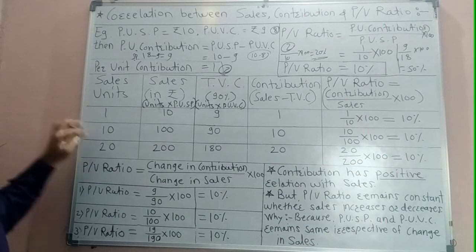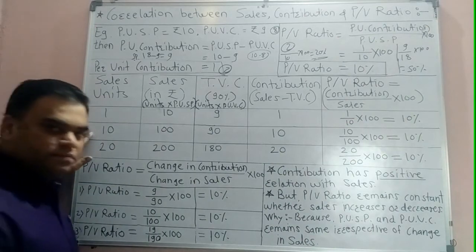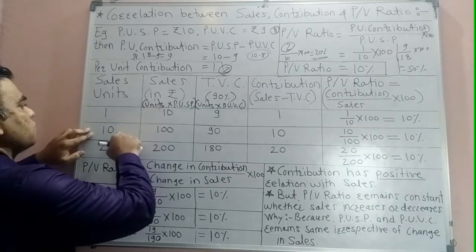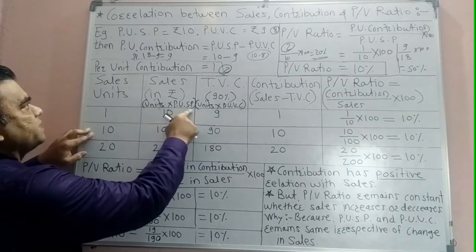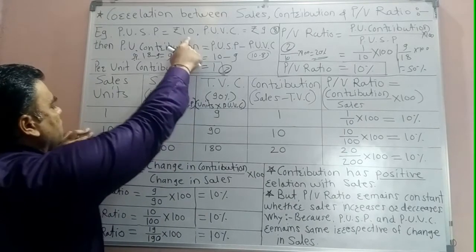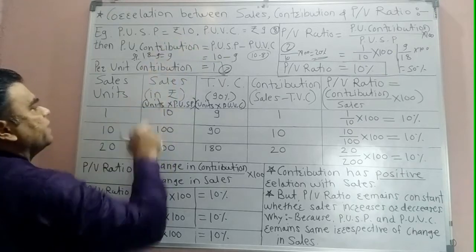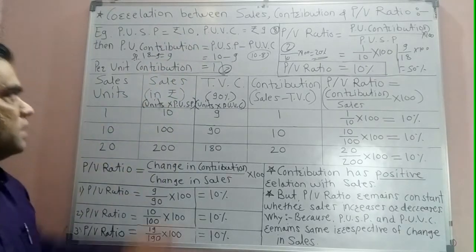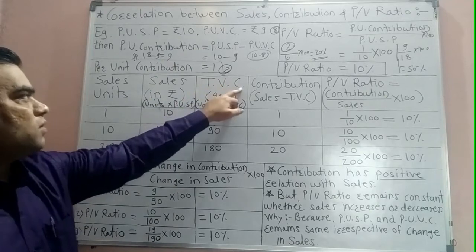And suppose we have sold 10 units. Then what will be the amount of sales? Number of units sold 10 into per unit selling price, which is also 10. 10 into 10, total 100 is the amount of total sales. What will be the amount of total variable cost?